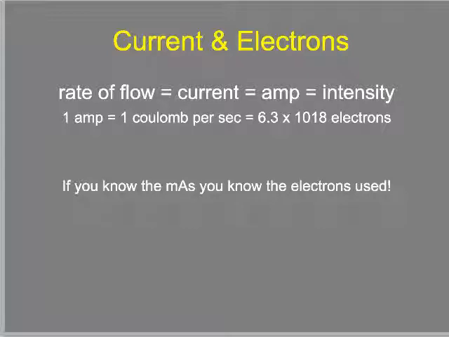So if you know the mass that's been set in the X-ray tube, you know the number of electrons that are being produced, and you have an idea of how many X-rays have been made, right? So again, that's what I mean when I say quantity. So in case you didn't miss it, because this is something we'll repeat over and over again, and it's something that took me a long time to make sense of, intensity equals quantity.